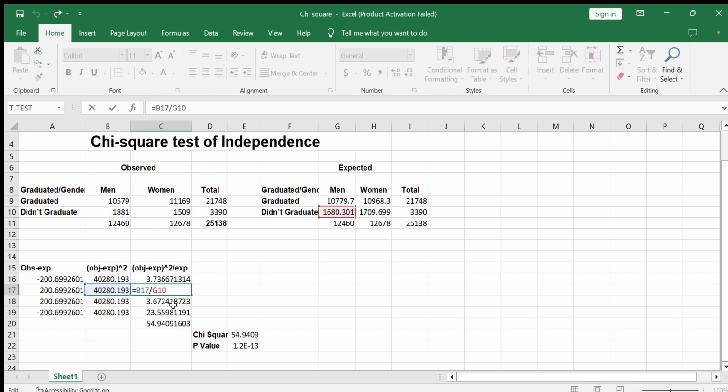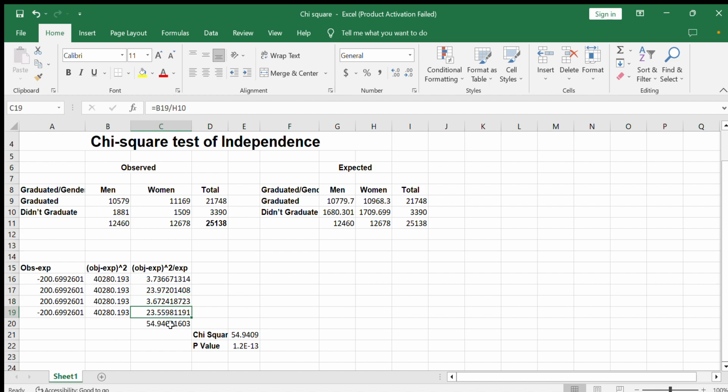If you move here, you are going to women now, with observed minus expected all squared all over H9, which is the value for women. So this is men, men, women, women.